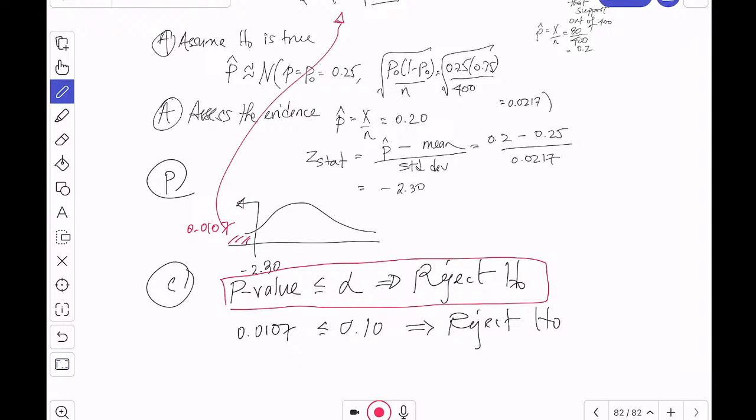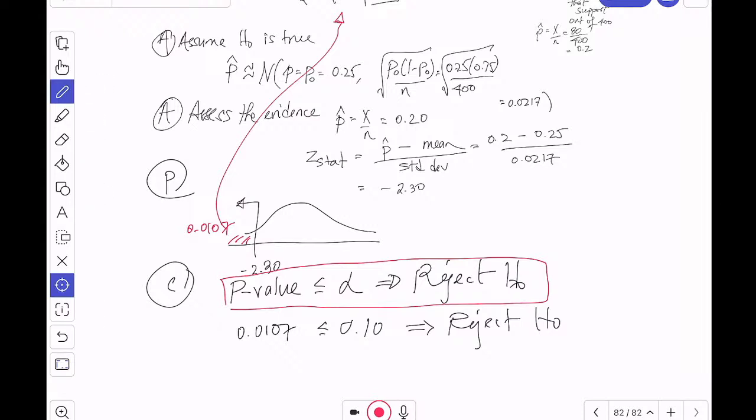Let me see what it did in Moodle. Okay, so it says that if the hypothesis was true, okay, let's finish this and then I'll explain what it says in Moodle.